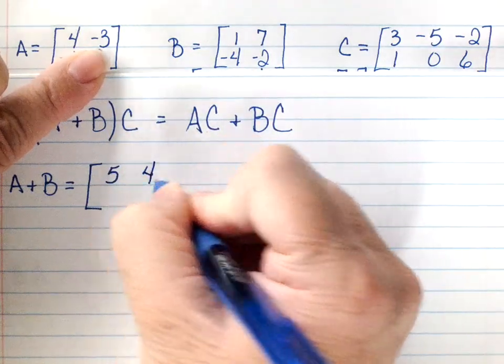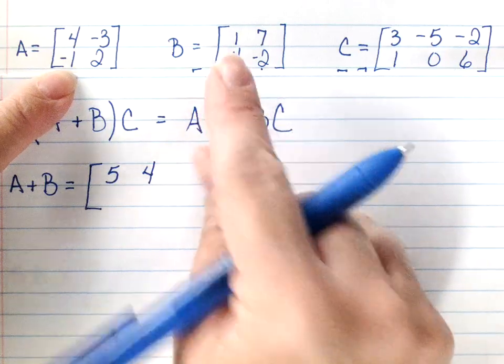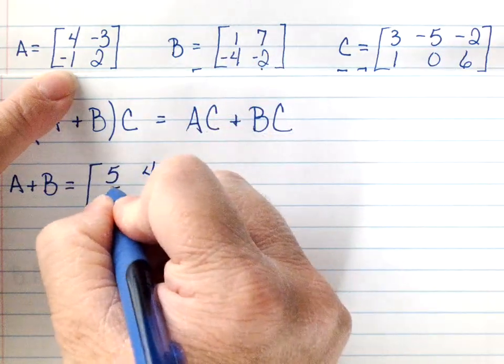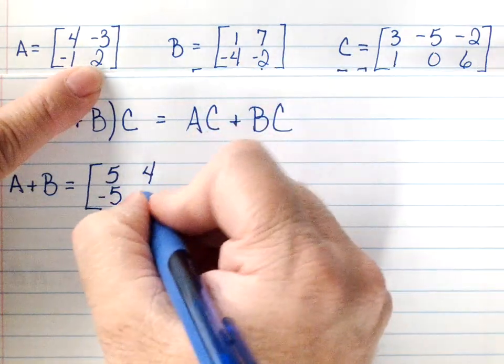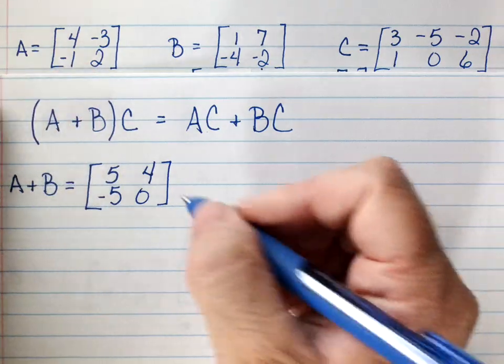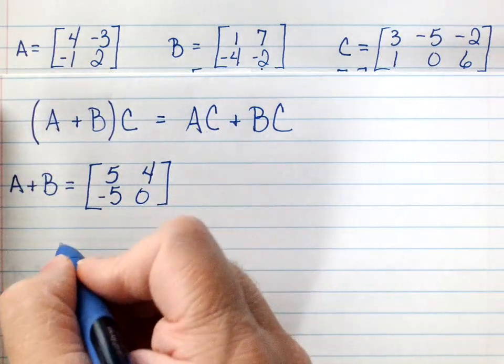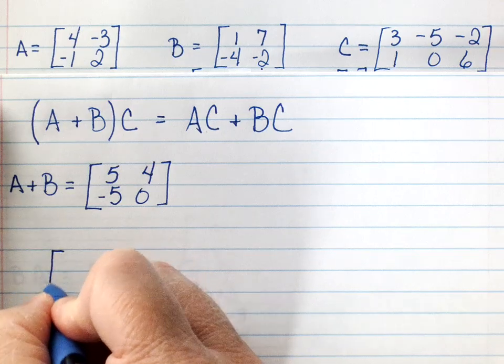That gives me 4. I've got negative 1 and negative 4. So that gives me negative 5. And I've got 2 and negative 2. So that gives me 0. So that's A plus B. So now I'm going to take that A plus B and I'm going to multiply it by C.